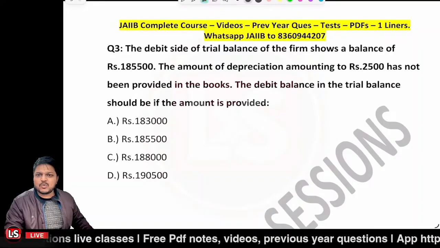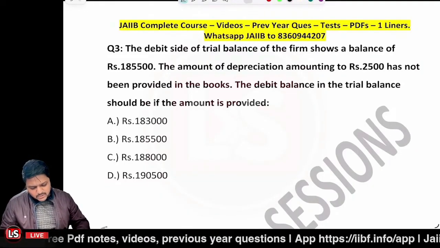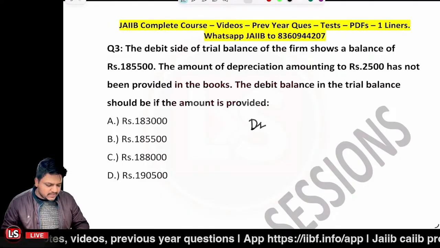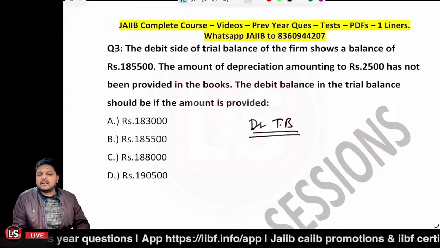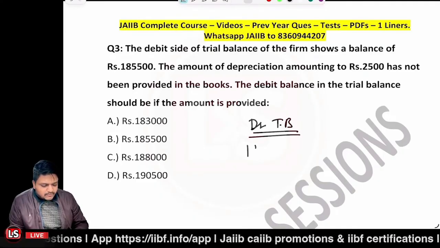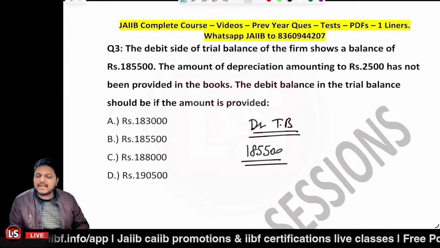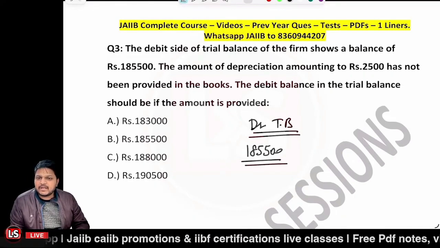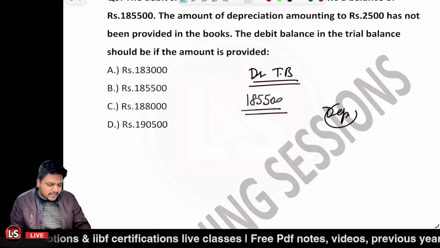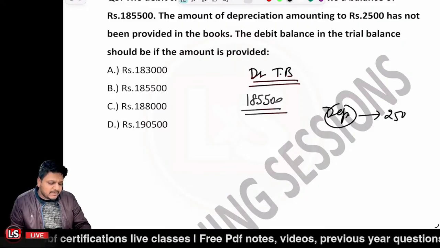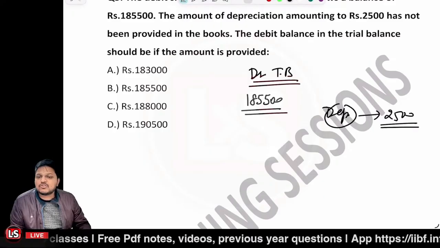The debit side of the trial balance is given as 1,85,500, and depreciation amounting to 2,500 is not provided.